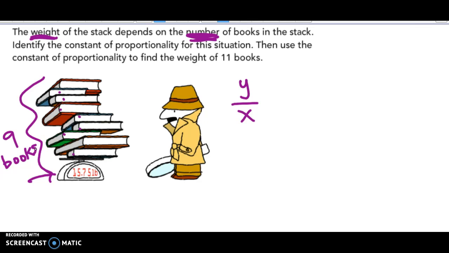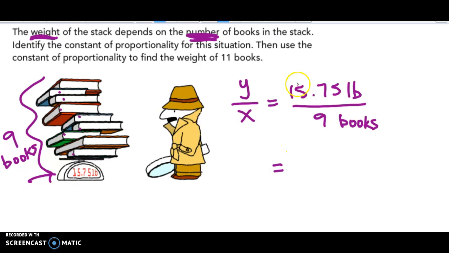So I'm going to do my dependent variable, which is the weight of the books, over my independent variable, which is the number of books. And this is going to help me find my constant of proportionality.